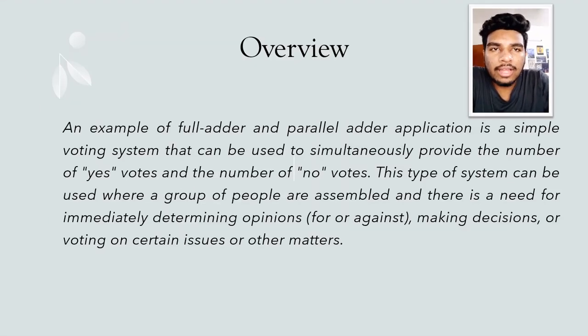An example of a full adder and parallel adder application is a simple voting system that can provide the number of yes votes and the number of no votes. This type of system can be used where a group of people in an assembly needs immediate determination of options for or against, for making decisions or voting on certain issues or other matters.